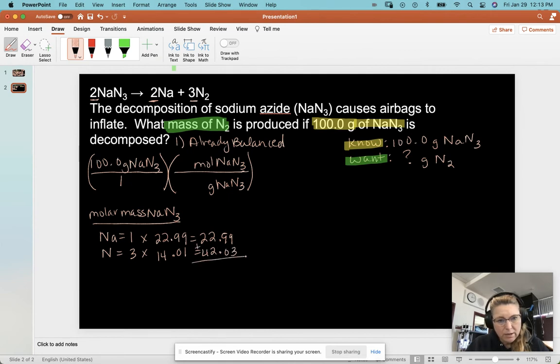So we're going to add those up. And so this is going to get 65.02 grams is equal to 1 mole.